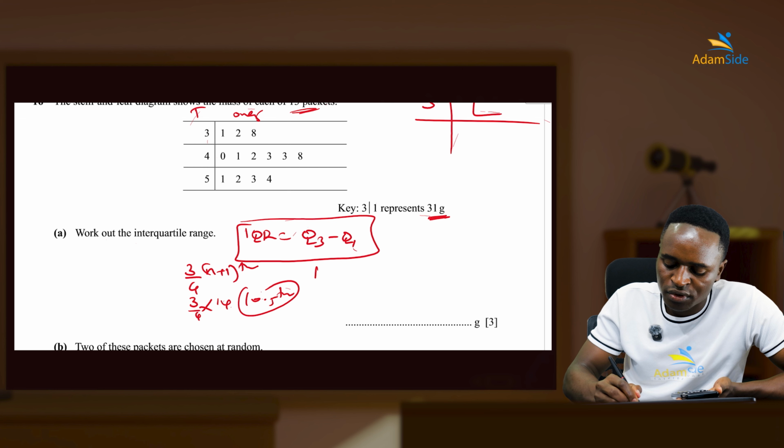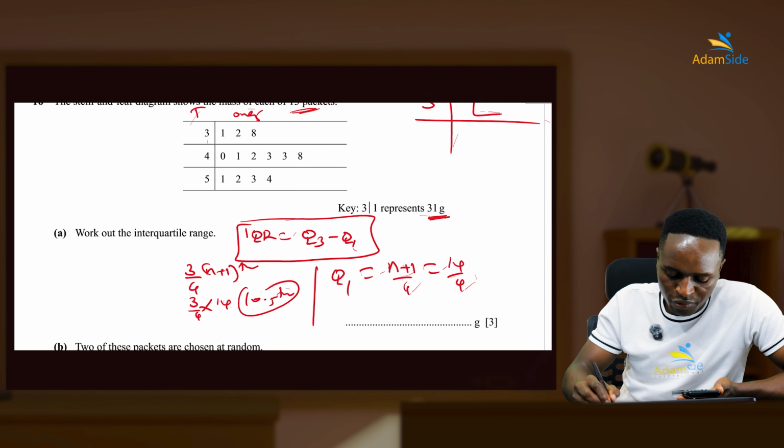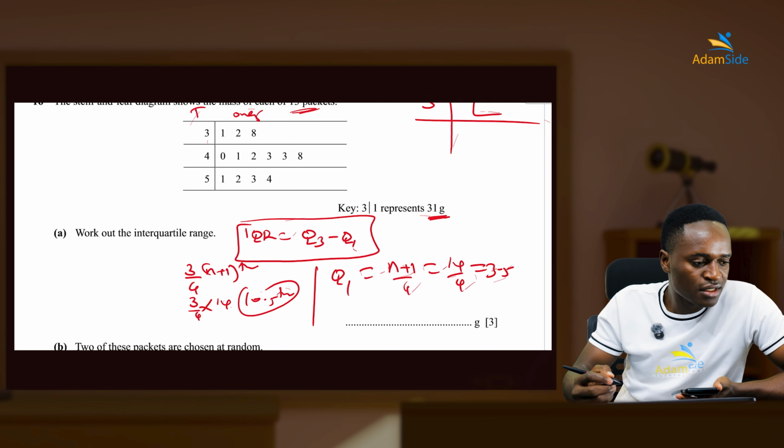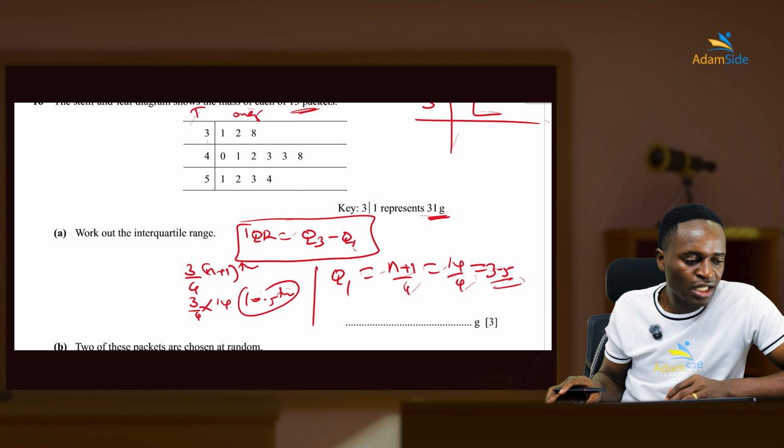Then our Q1 should be at a quarter, so (n plus 1) over 4, which is 14 over 4. 14 divided by 4 is the 3.5th position.